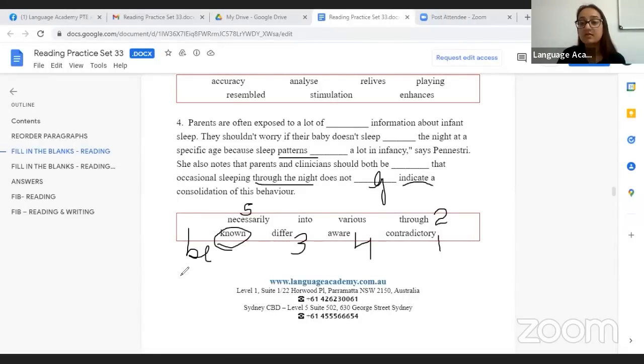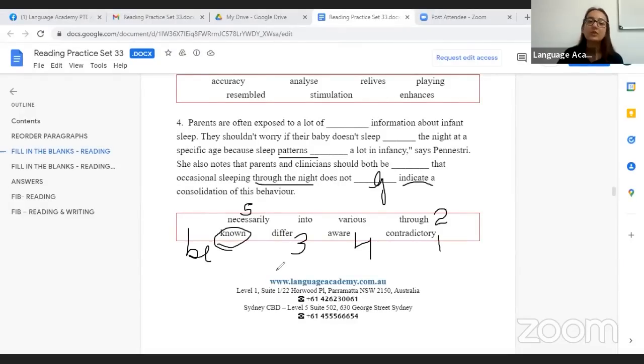Contradictory statement is not here, Shailaja. They say contradictory information, because the context was talking about that they are worrying that the sleep patterns are not same. Means everybody is giving them different information about how much time a baby should sleep. That is called contradictory information. That means not matching information. During the night is also fine.